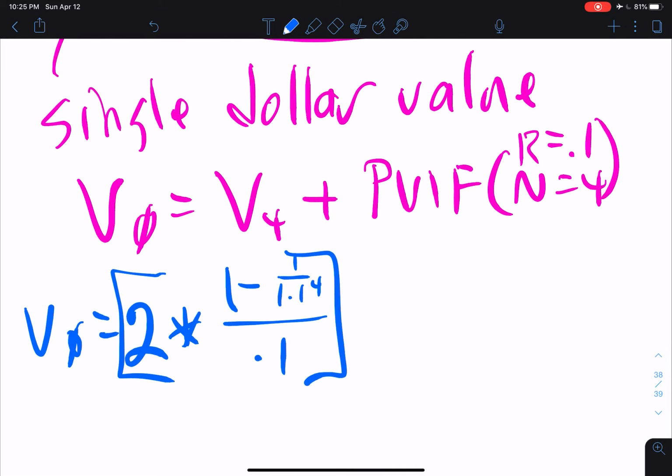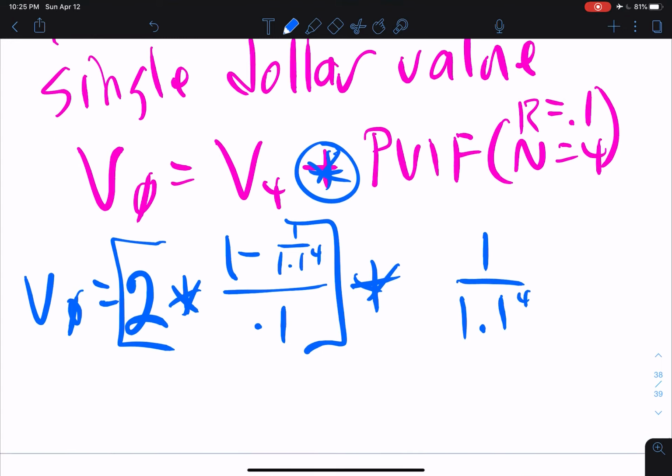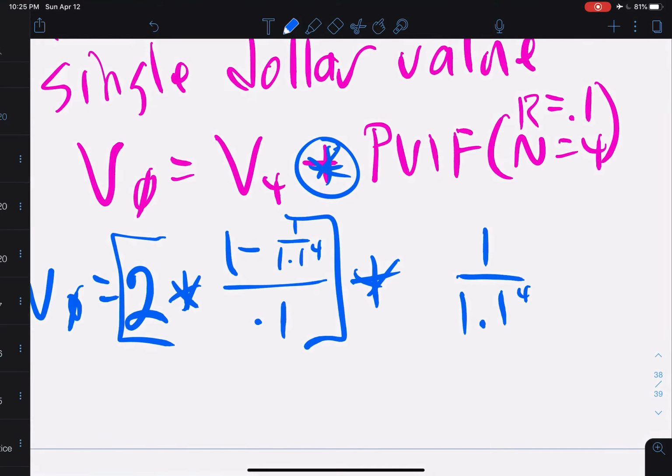Up here, this should be a multiply sign. Make sure that's a multiply sign in your notes. I put a plus there. I know I said multiply, but that's a multiply. Okay, so it's this times this PVIF, which is 1 over 1.1 to the 4th power. And when you do the arithmetic here, you get the value of that at date 0.